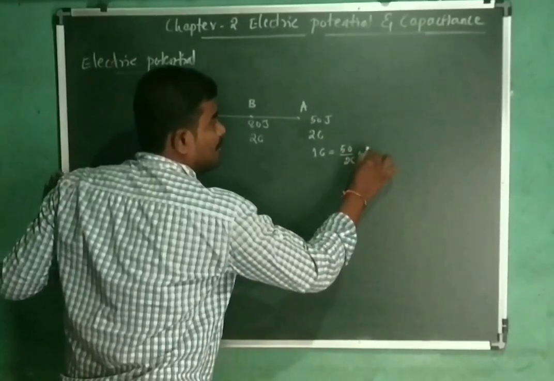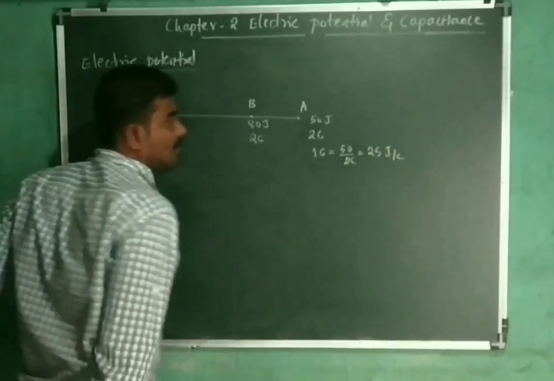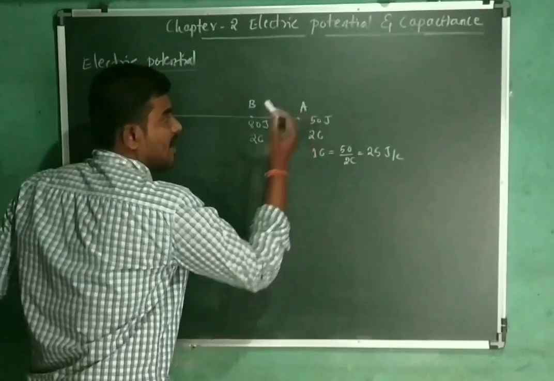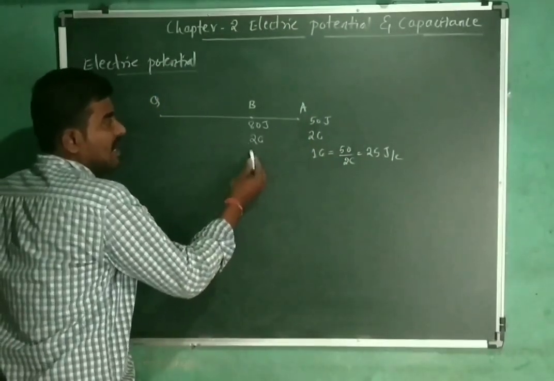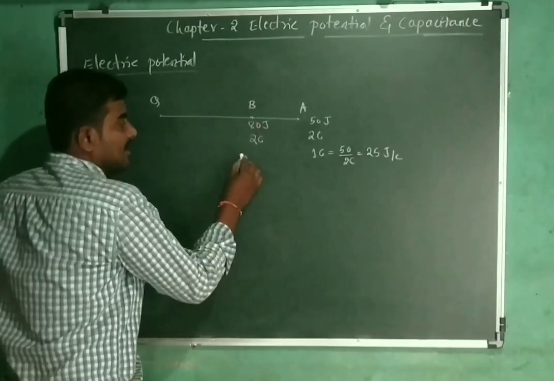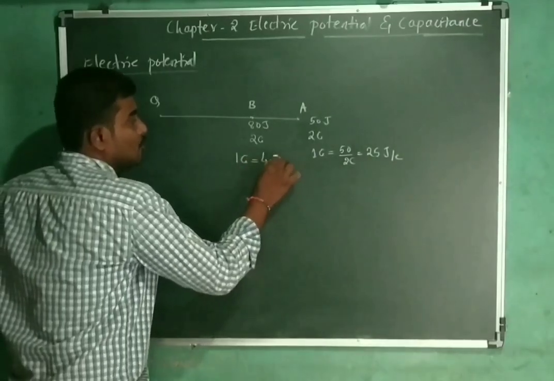Okay, it is 25 joule per coulomb. Okay, 25 joule per coulomb is energy at A location, and at B location, for 1 coulomb charge it is 40 joule.